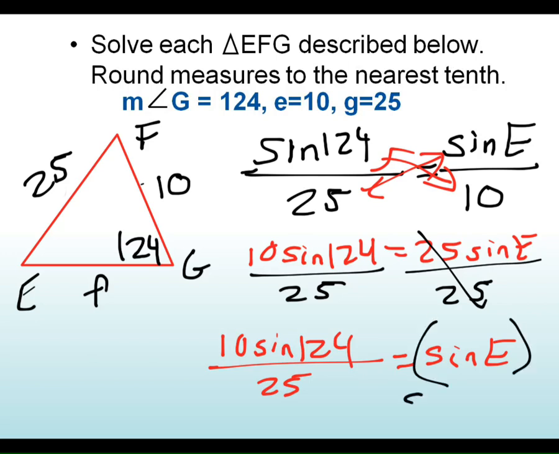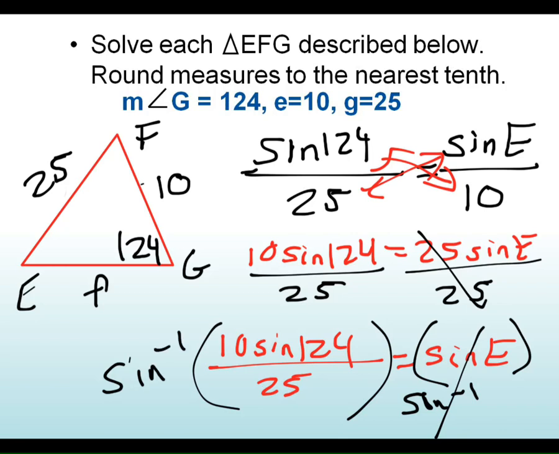So if you take sine inverse of that side, those cancel, and then you have to take sine inverse of all of that. This calculator can do it all at once, most of yours can. If not, just do the inside part first, and then take the sine to the -1. So I'm going to do sine inverse of 10 times the sine of 124 divided by 25.